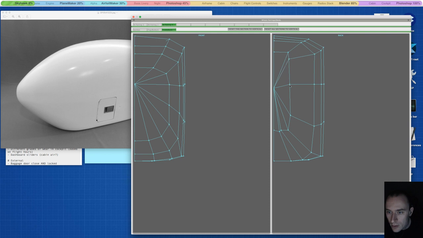Yeah, so this is just one entire piece. Yeah, this is not bad. I mean, it's just a wheel fairing, but I still like it to be a little bit in shape, literally.